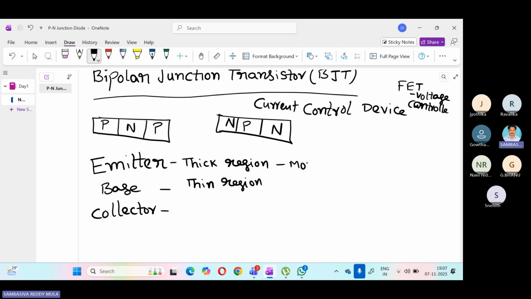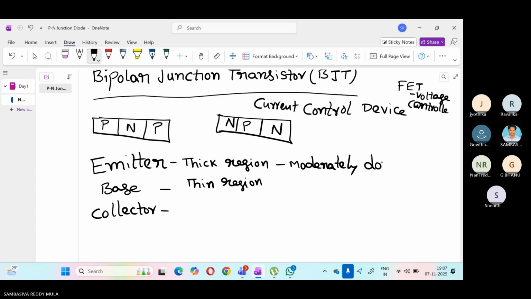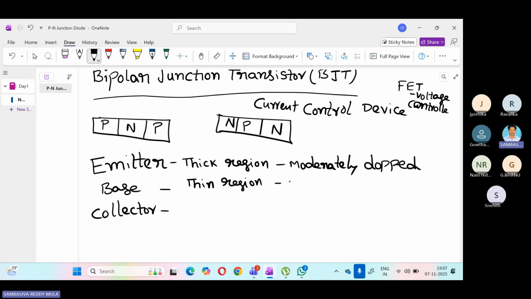The emitter is moderately doped material. If it is an NPN transistor, the emitter is N-type material. The base is lightly doped. If it is NPN, the base is P-type material, lightly doped. And the collector is also a thick region when compared to both emitter and base.